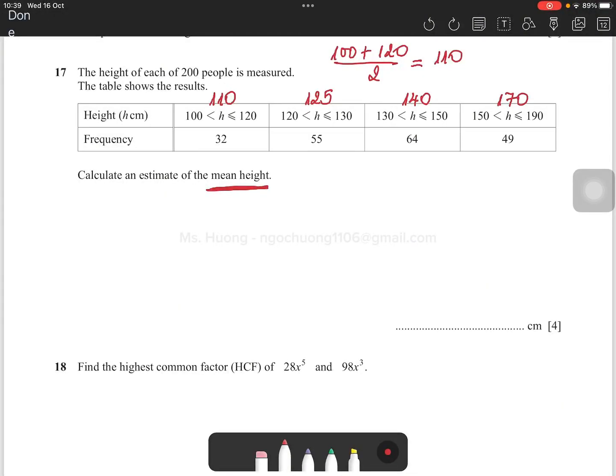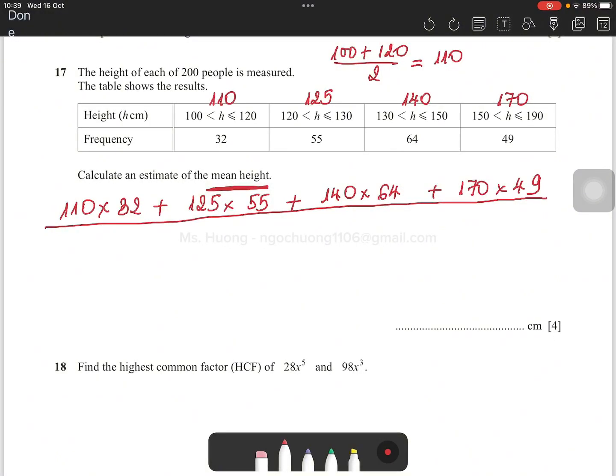And now we will multiply 110 by the frequency, 32, plus 125 multiplied by 55, plus 140 multiplied by 64, and finally we multiply 170 by 49. Then we divide everything by the total frequency, which is 200 people. So the denominator is 200. And the answer for the mean height is 138.425 centimeters.